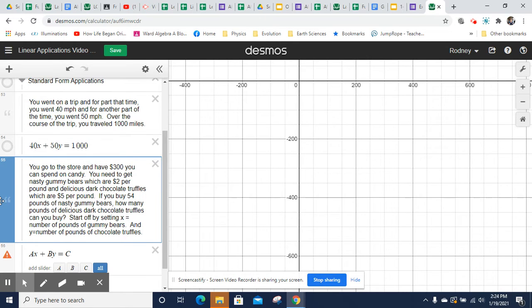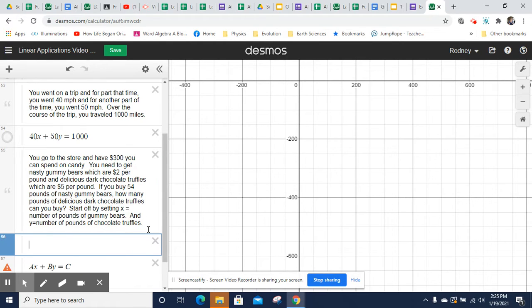And what this allows you to do is set up two products. 2 times x plus 5 times y will equal the total amount you will spend. And since you have $300 to spend, we can put that together and have that equal 300.